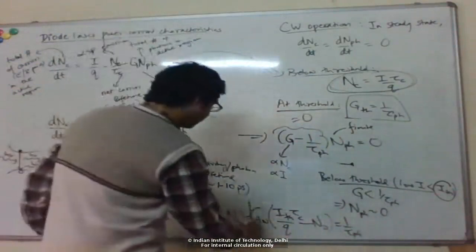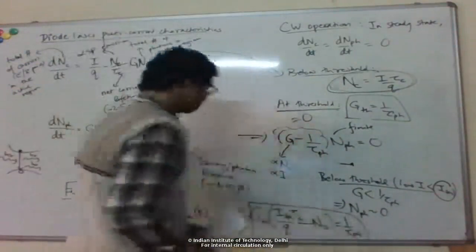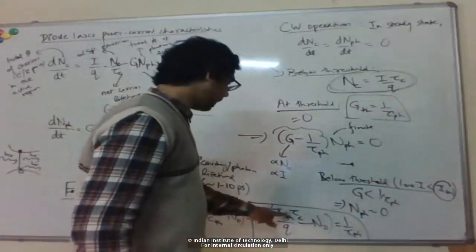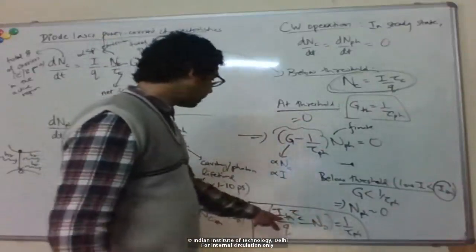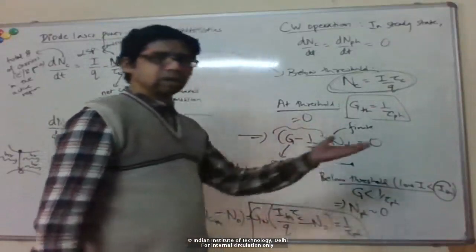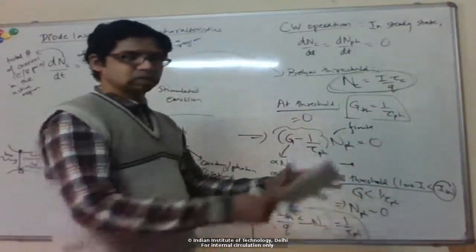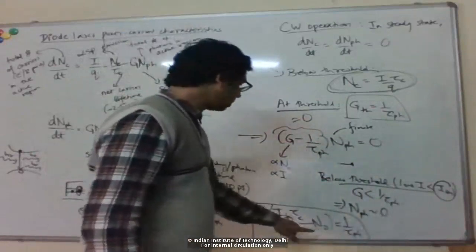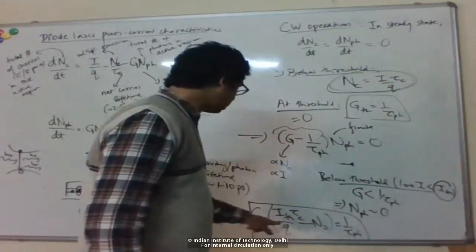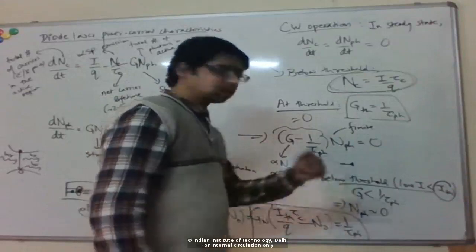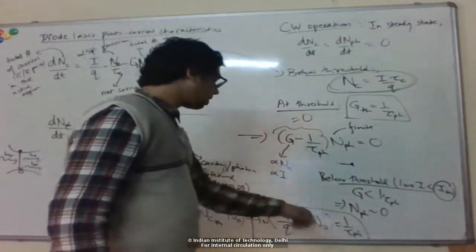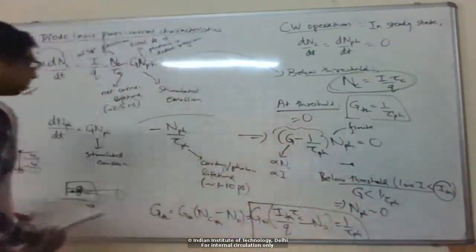So if I just look at this equation here, everything is a constant, and I threshold is the unknown I want to find. Tau photon again depends on the cavity losses, so once I made my device, it depends on just the device constants. N naught also is a constant, tau c, Gn, everything is a constant, right? So I can get an expression for the threshold current in terms of the device constants.